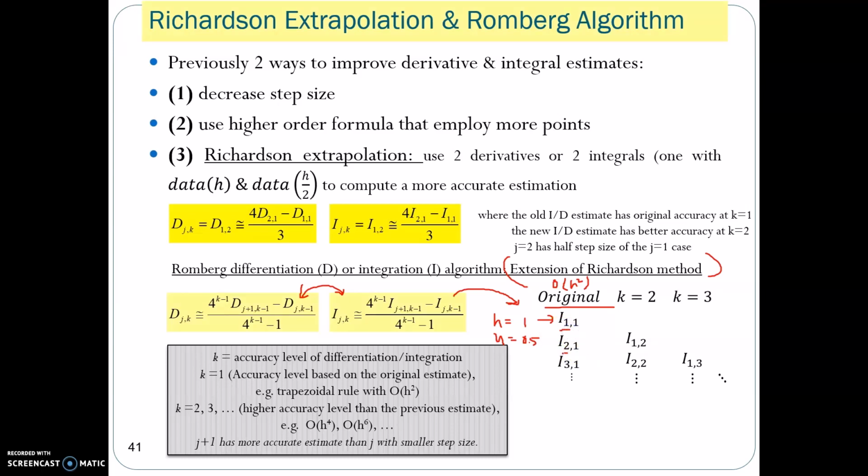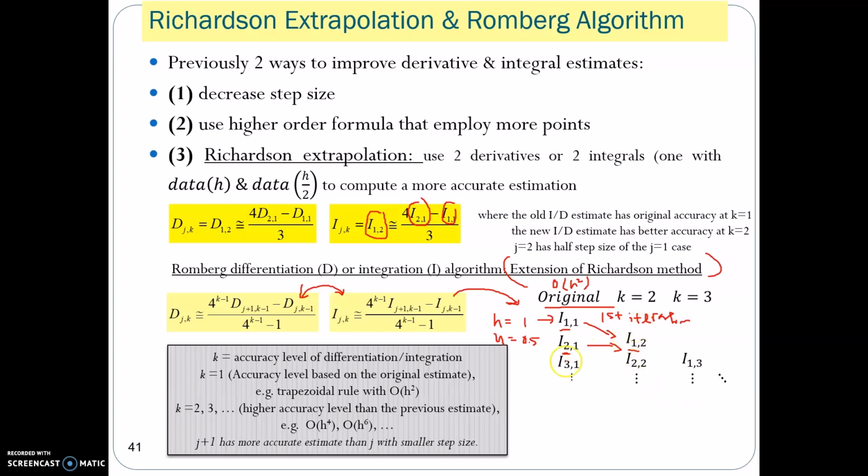These two integration results are the old estimation as shown here. Substitute them inside this formula, then you obtain a new estimation by using the Richardson method. So I12 is the new result, and from these two terms you can obtain this result. This is the first iteration in the Romberg algorithm.